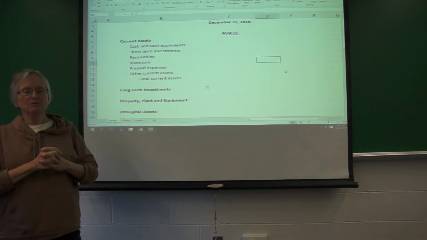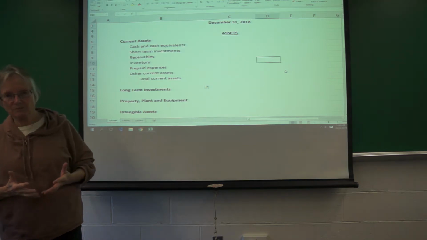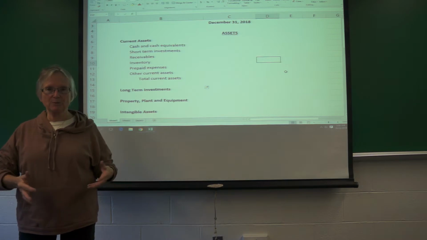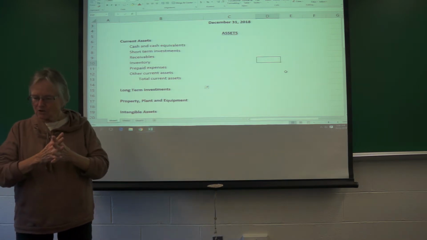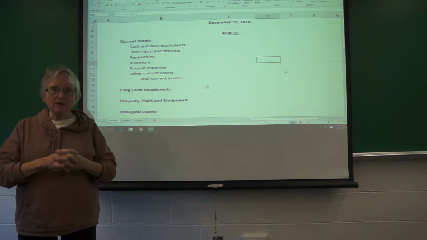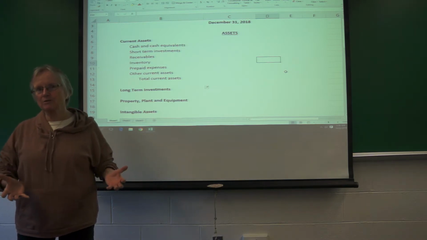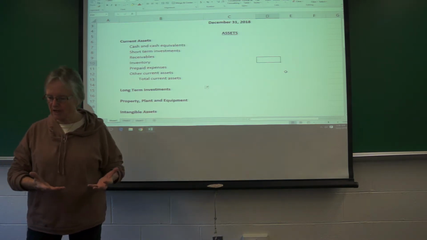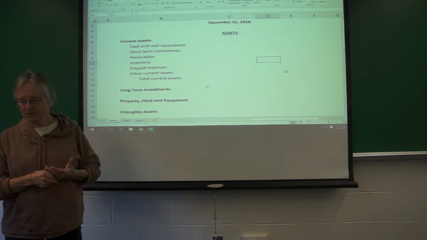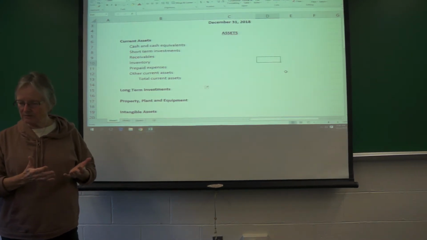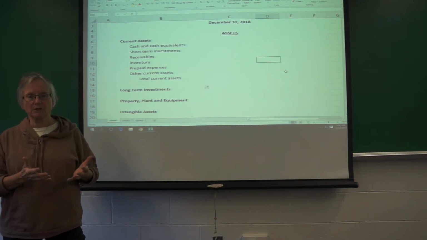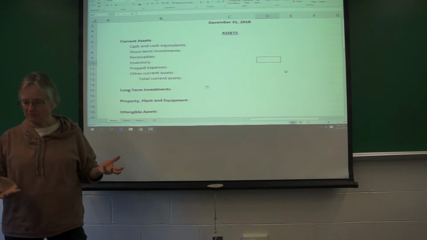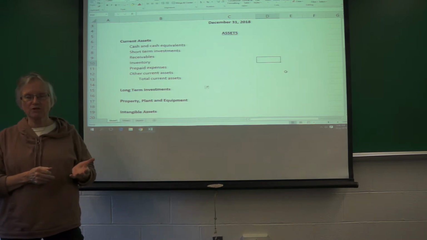The other thing, you're trying to provide users of the financial statements with information they can base decisions on. So if cash is restricted, it's not available to pay the current bills. So we have to disclose that. Restricted cash, if it's not available to pay for current payables or whatever, gets reported separately.